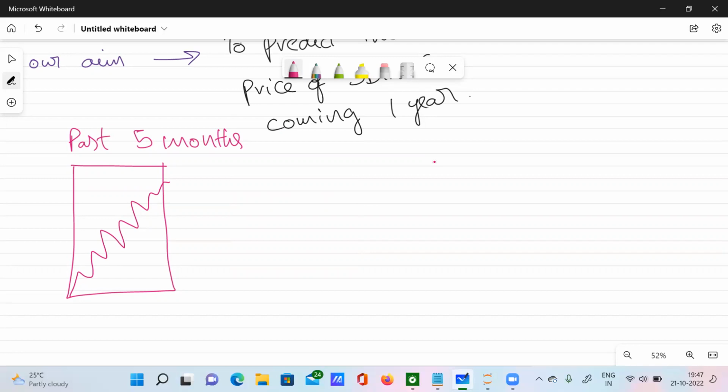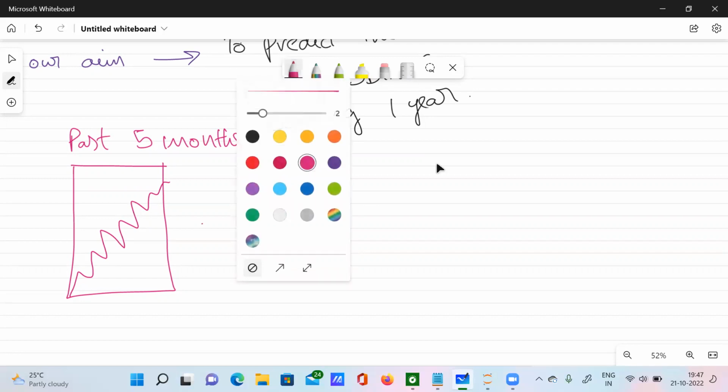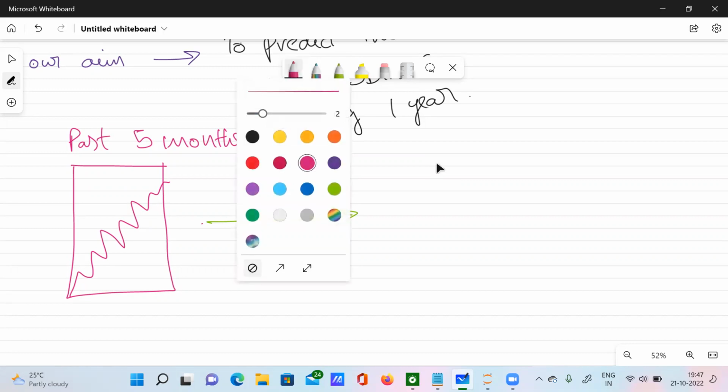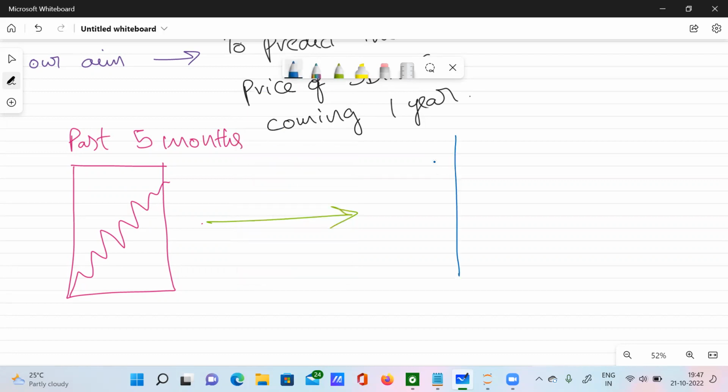Now using this past history, we need to predict the future. For example, we need to predict whether in the coming year this particular SBIN value will remain here, or here, or here, whatever may be. We just need to predict it. So this is the future, and this is the past data.